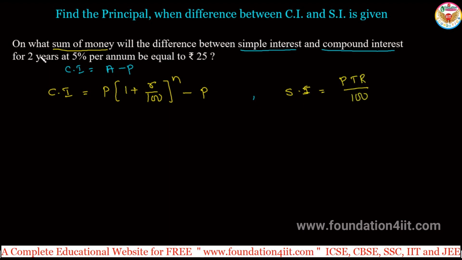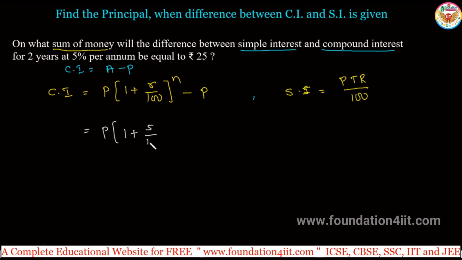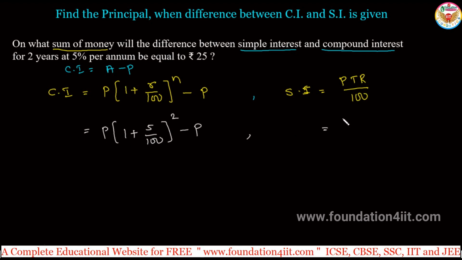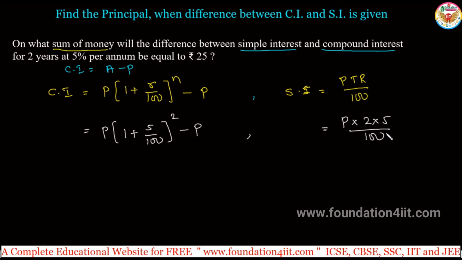Let us calculate both now. First, compound interest: P as it is, 1 plus R by 100, 5% per annum, so 5 by 100 whole to the power 2, minus P. This is the compound interest. And simple interest is the same: P, time, rate of interest, so 2 into 5 by 100.